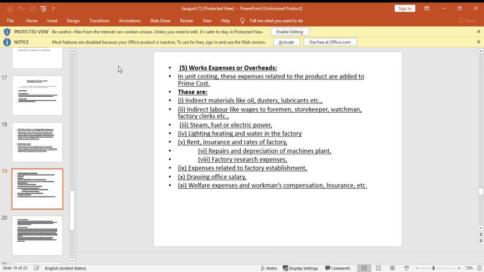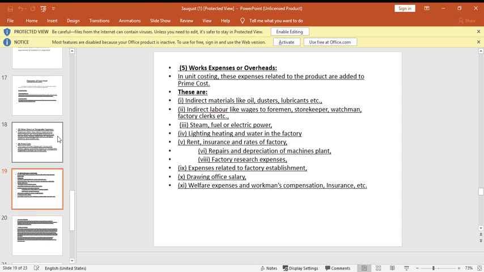Works expenses or overheads include indirect materials like oil, dusters, lubricants; indirect labor like wages to fireman, storekeeper, watchman, factory clerk, etc. Then steam, fuel or electric power, lighting, heating and water in the factory.